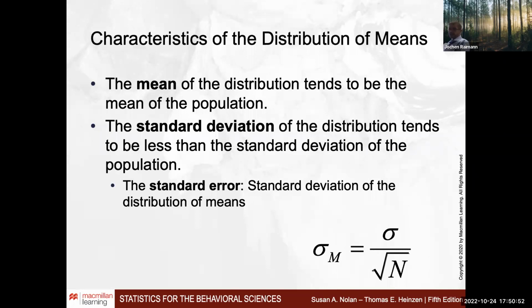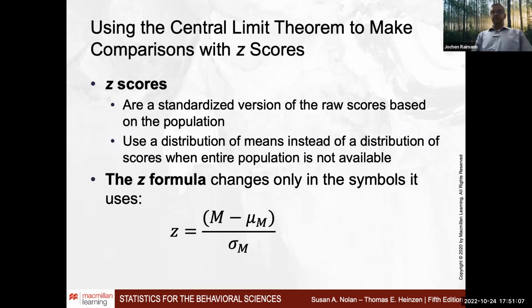That means your standard error of the mean gets smaller because your denominator gets larger with an increase of n. By making this smaller, you're increasing the probability that you get a larger z-score. So if you have M minus mu, this is a difference. You standardize this difference by utilizing the standard error of the mean, sigma M.